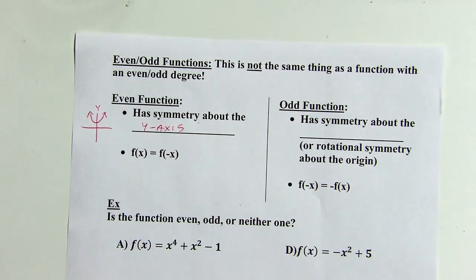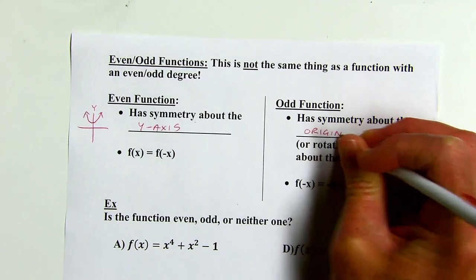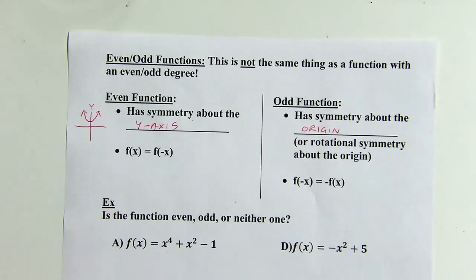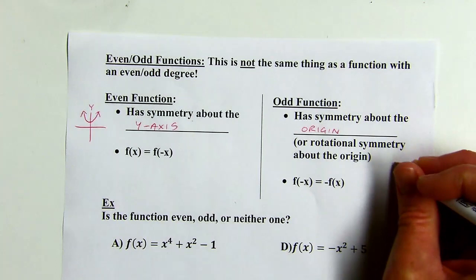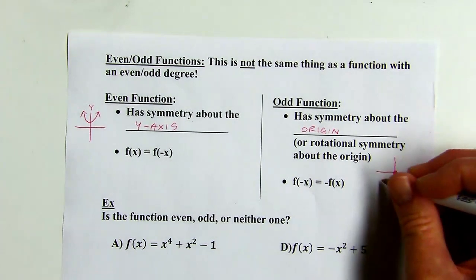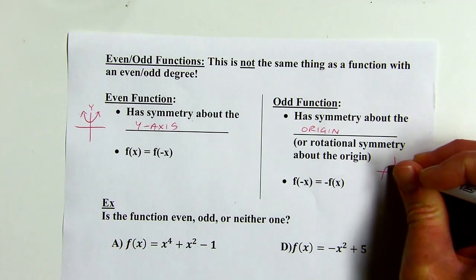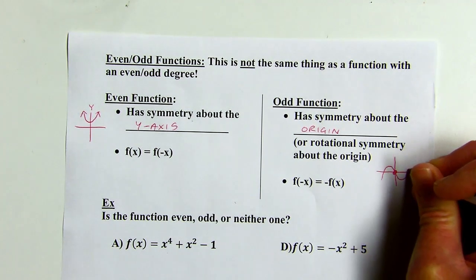Okay. An odd function is going to have symmetry about the origin, which is the same as rotational symmetry about the origin. All right, so here's my origin, right? So I'm going to draw a function that would have, and this is just a little sketch, something like this.